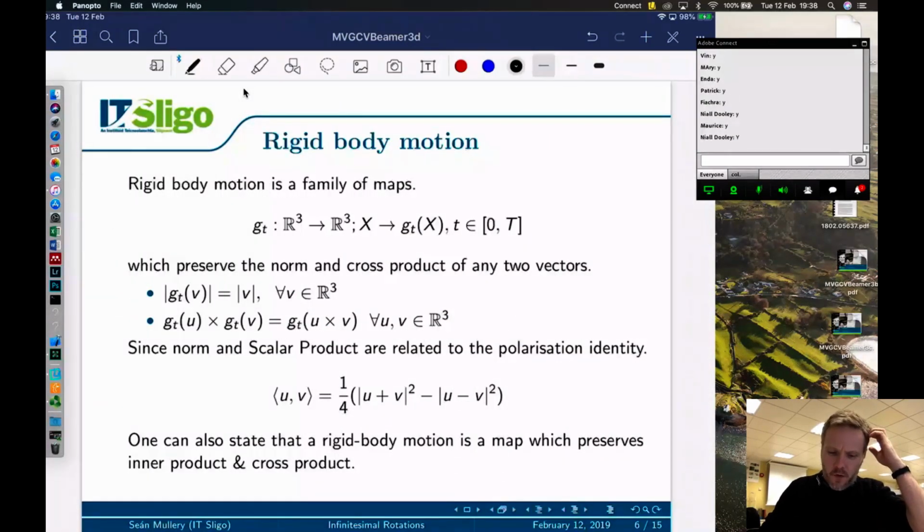Now, so we mentioned rigid body motion, and I've said to you up until now that if I do a rigid body motion, well, actually, maybe you can tell me again, what do I preserve here in terms of a rigid body motion? What sort of things get preserved? Yeah, so lengths and angles get preserved, yeah.